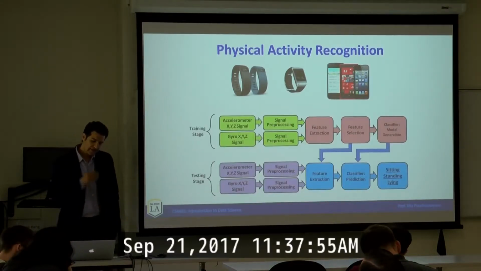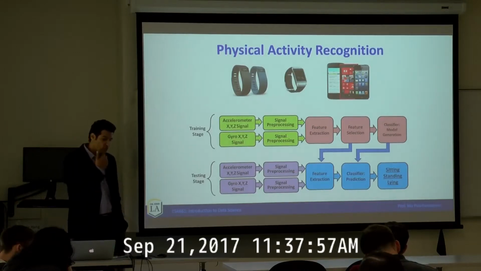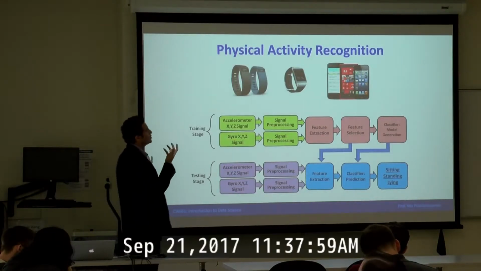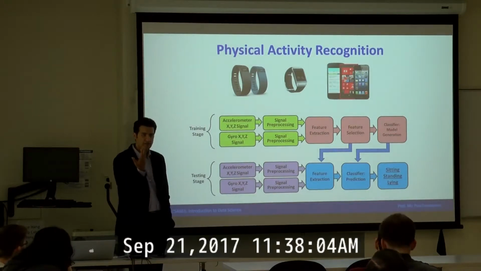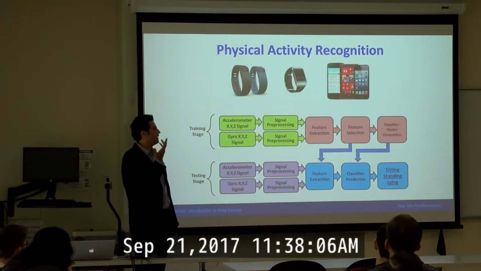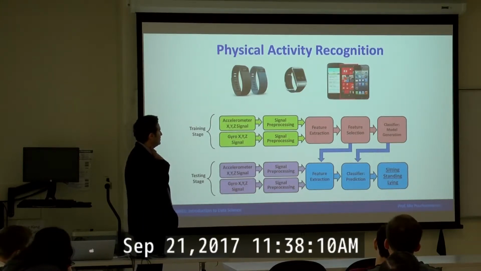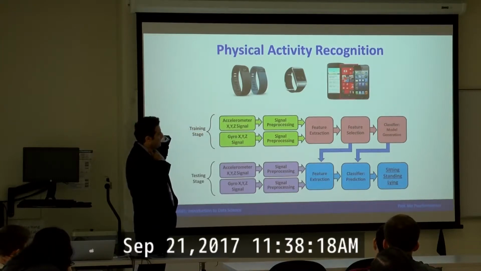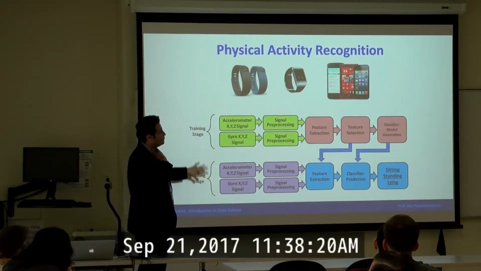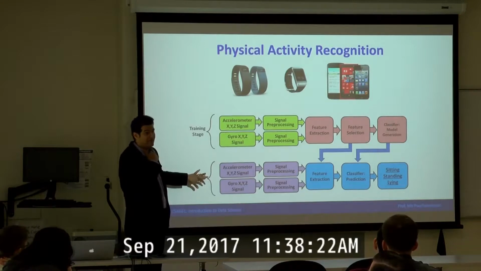For activity recognition, we want your smartwatch to detect if you are walking or sitting or running, or what type of activity. So it's a classification problem. We want to classify your type of activity. Again, it's based on machine learning algorithms. There are two main stages: a training stage, where we learn from past data, and a testing stage, where we make predictions on future data.